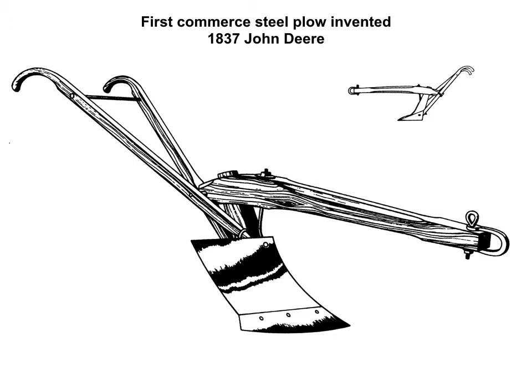And so for a long, long time, it was not opened up to large, intensive farming because with a wood plow, you wouldn't really be able to get in there and chop up and dig away the hard compacted sod.